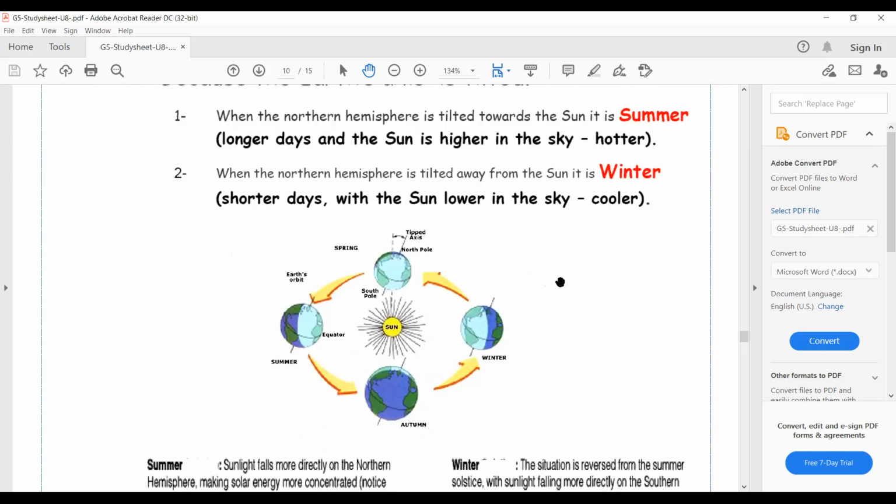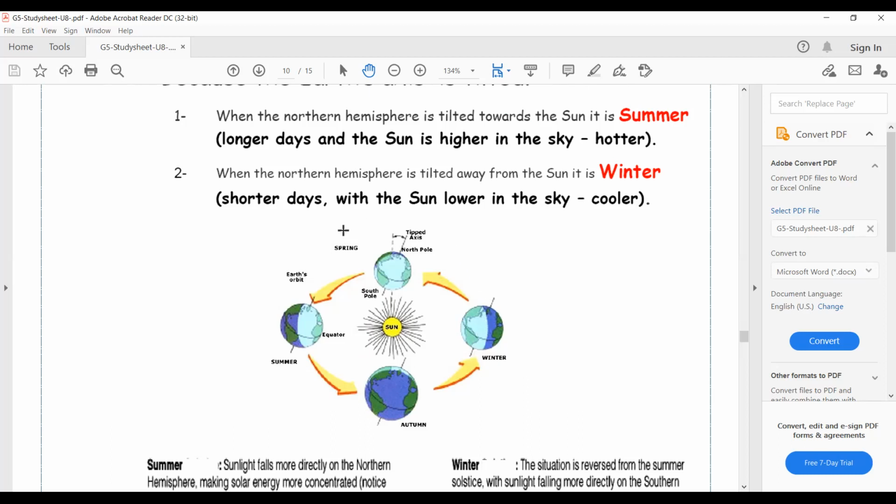Okay, in this diagram here, as we said before, the axis of the earth is tilted or inclined, so that makes the north hemisphere in winter, while the south hemisphere, or the south half, is in the summer.